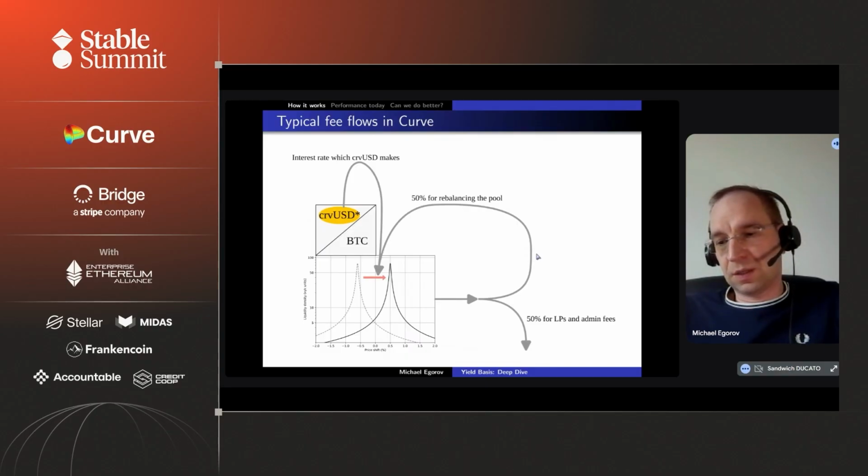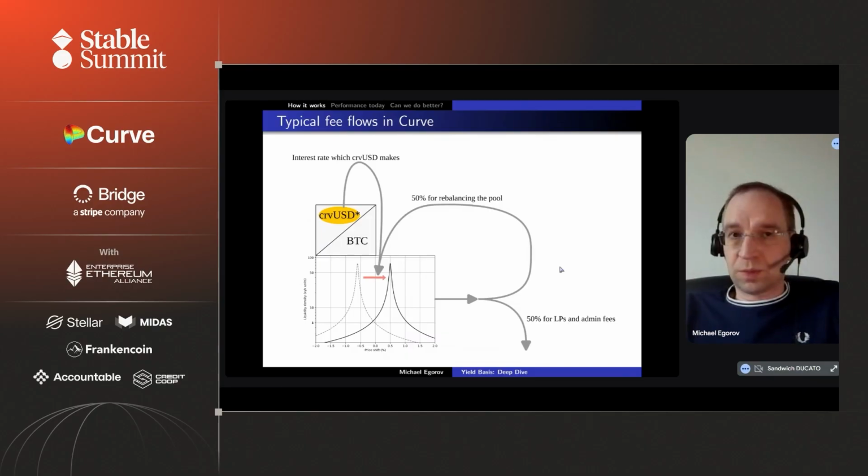So anyway, that was implemented, and in YieldBasis, this is going from the rate which you set in YieldBasis itself. Right, so liquidity providers pay this rate essentially.